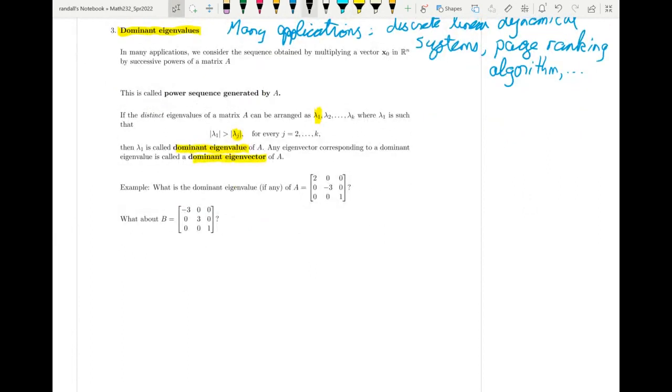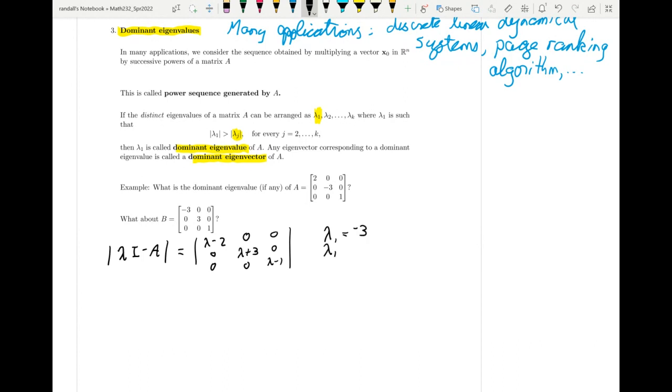So let's look at some examples first to locate them. For A, to find the dominant eigenvalue algebraically, you may think you just have to compute all the eigenvalues and then locate them, and this is what you could do. For certain matrices, like this diagonal matrix, we already know that the eigenvalues are the diagonal entries.